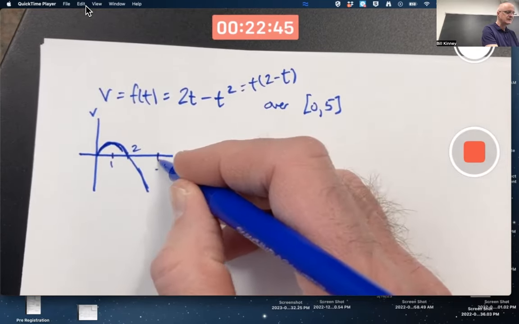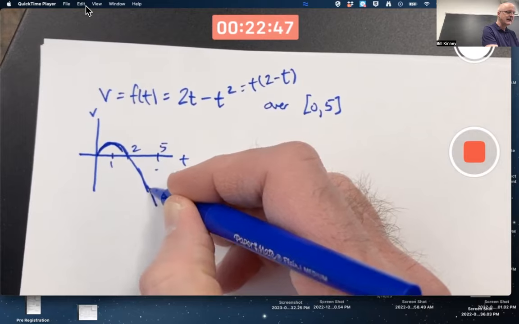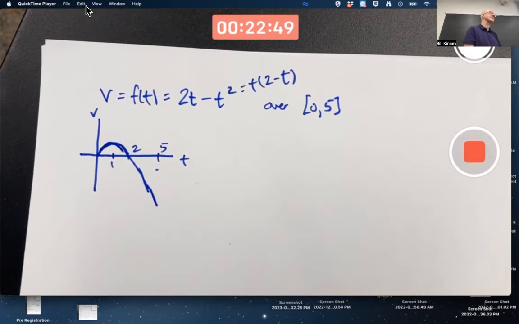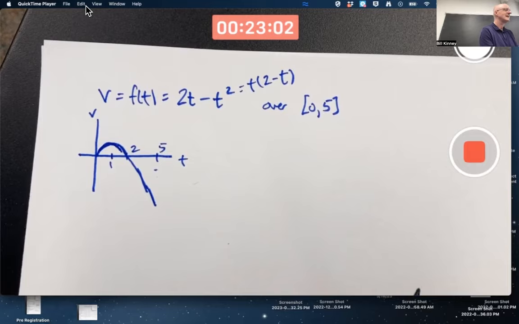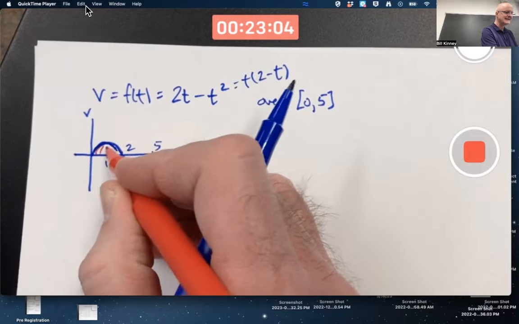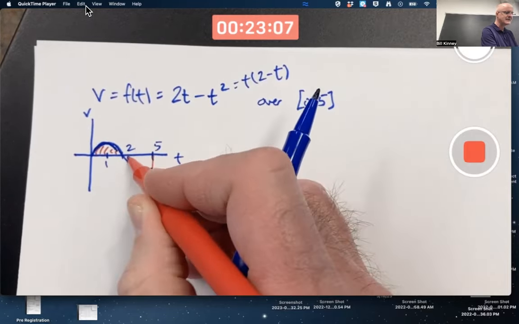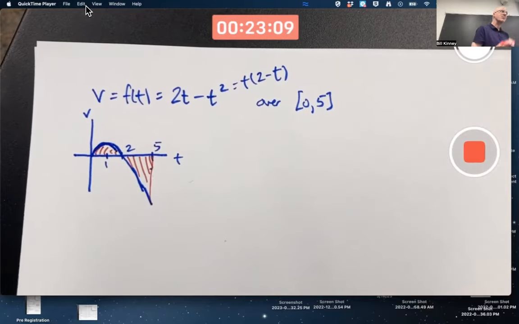I'm going out to t equals 5. And what's my goal? My goal is to try to integrate this to find what? What do you find when you integrate the velocity? Is it distance traveled? Not in general, not if your velocity goes both positive and negative. It's not distance traveled, it's displacement, change in position.